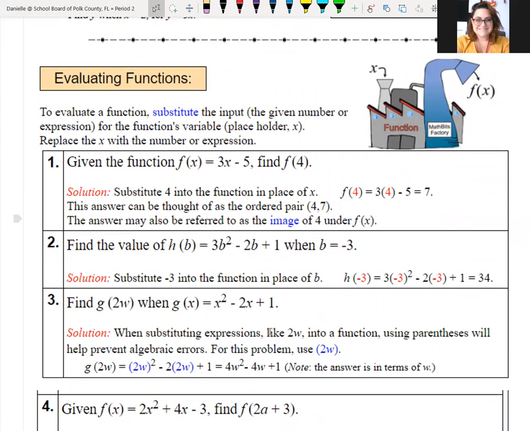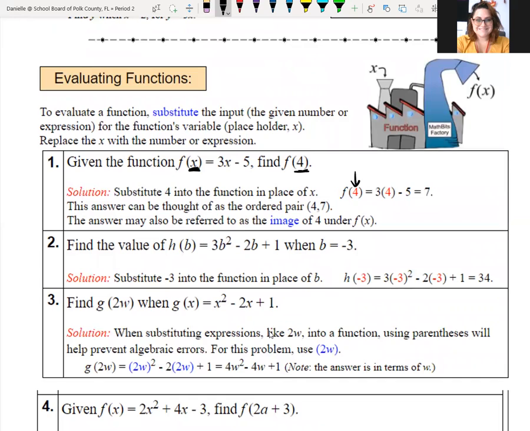When we come to evaluating, we're going to talk about substitution. And again, I know we talked about this somewhat in the last lesson, but we might as well review. So substitution, you are trying to figure out the function at a given input. So in this case, they tell us what happens at 4. Notice over here it's x and here it's 4. So what we're going to do is substitute any x's with 4.